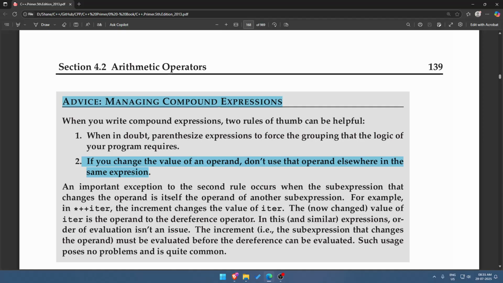For example, so we increment. Okay, so we dereference first and change it. The increment changes the value of iter. Now the changed value of iter is the operand to the dereference operator.